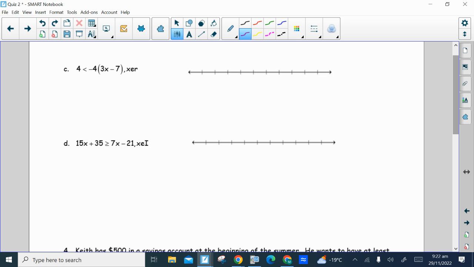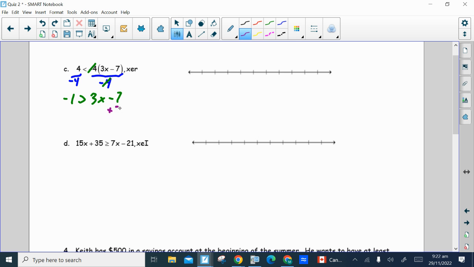Question C. In this case, I could divide both sides by -4 as a starting point. On the left, 4 divided by -4 is -1. And because we divided by -4 so that those -4s will cancel, the inequality reverses because we divided by a negative. And then we're just left with the 3x minus 7 on the right.